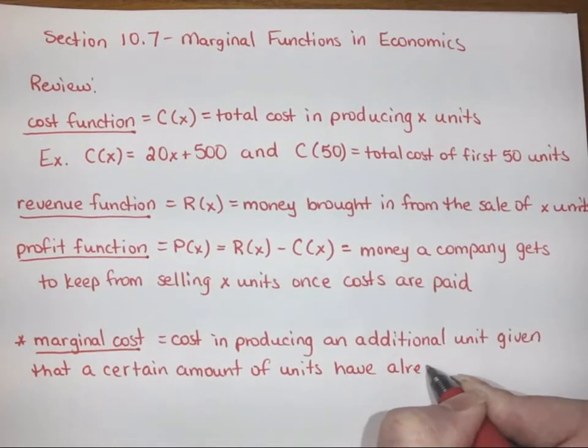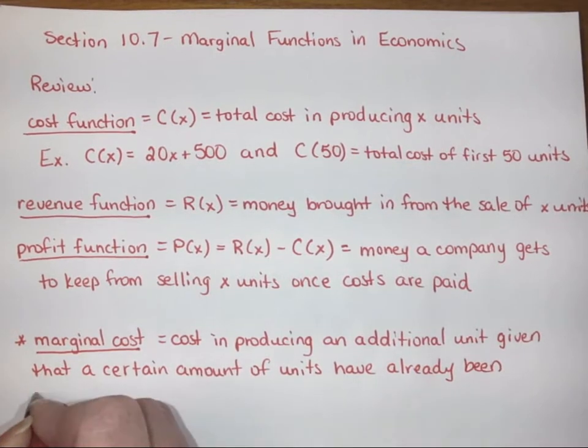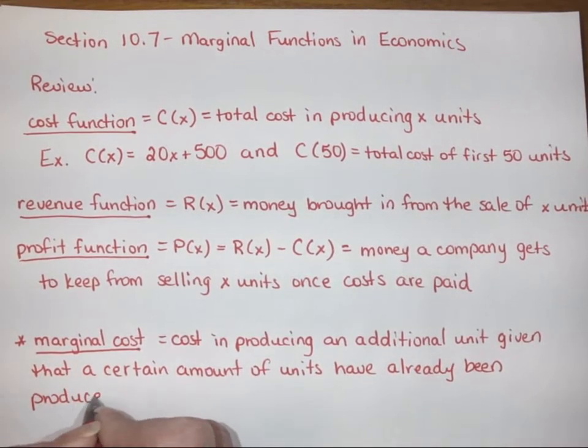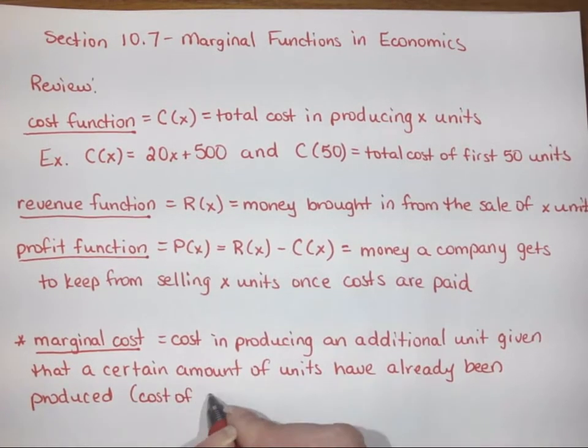So in other words, let's say we have already made 1,000 items of whatever it is that we're making, then the marginal cost would be what would be the cost of that next one, the cost of one more unit, in other words.